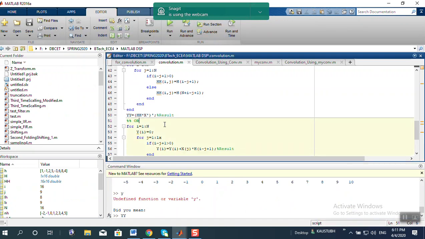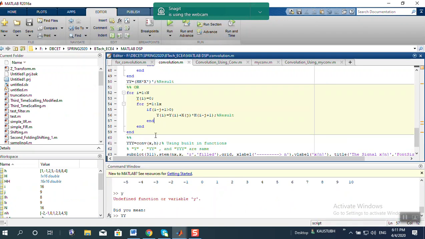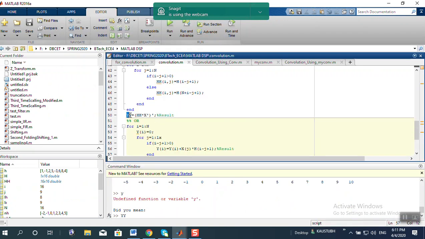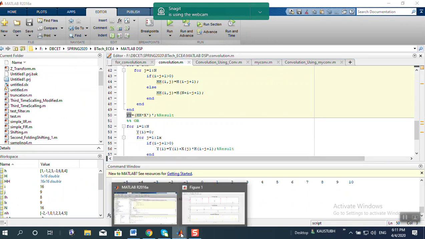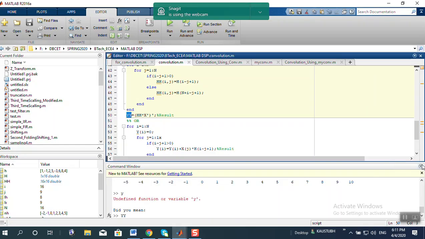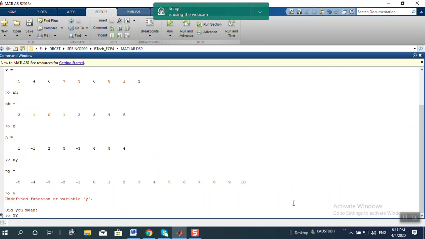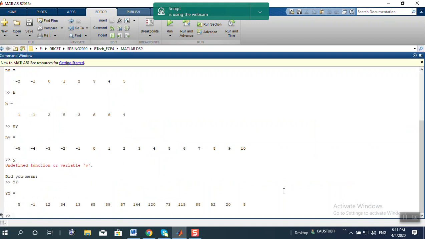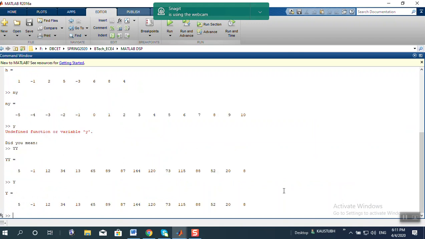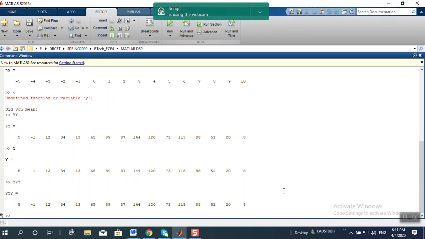The first one is capital YY using that matrix method. Then capital Y, same results, and capital YYY using C and B, same results.